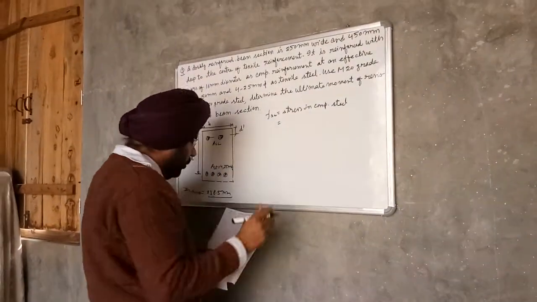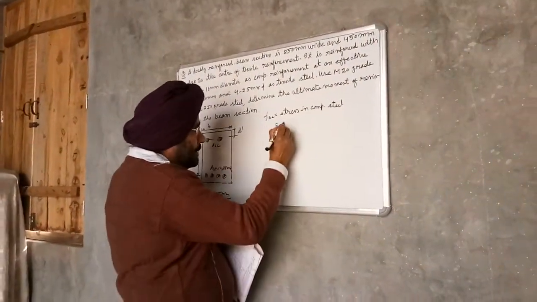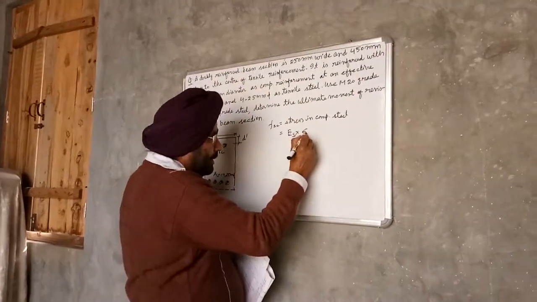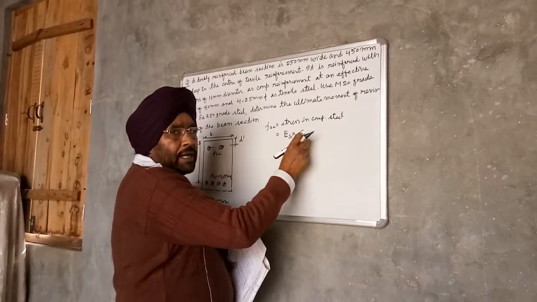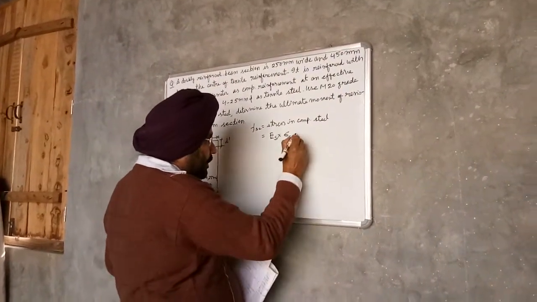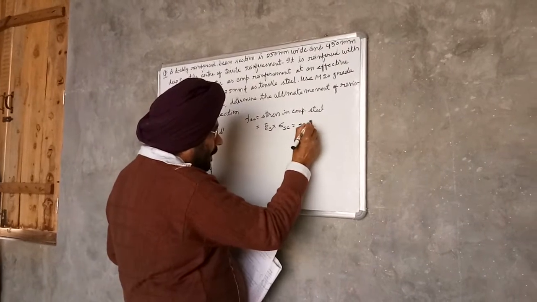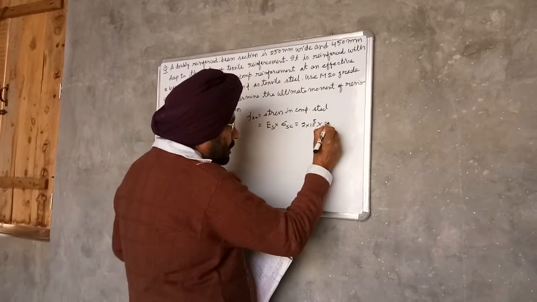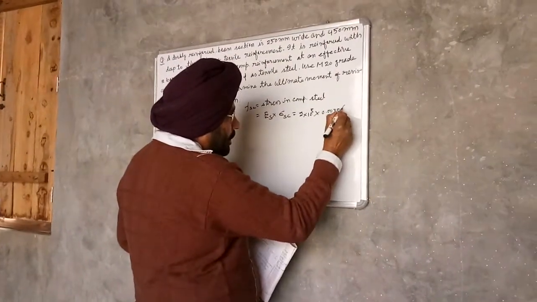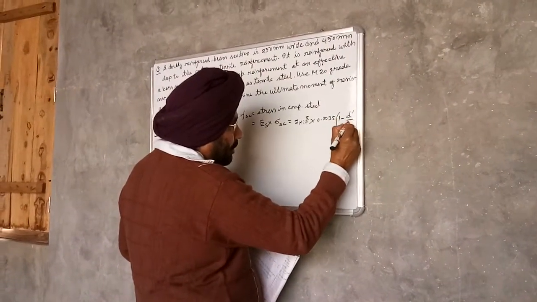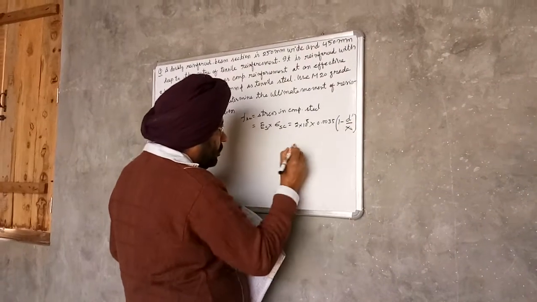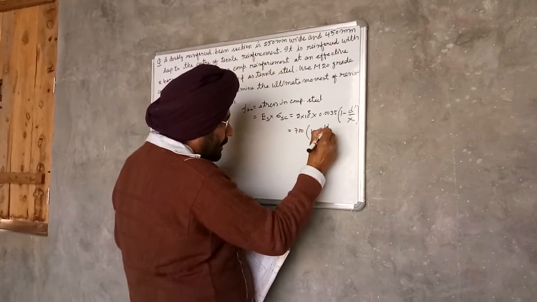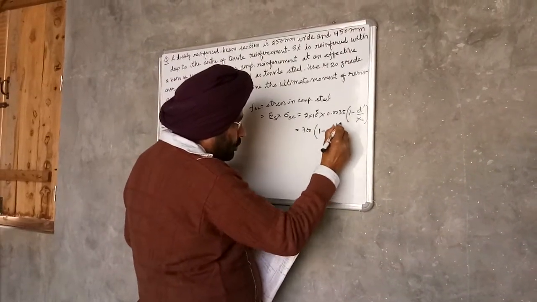So this is equal to Es, modulus of elasticity of steel, into epsilon sc, strain in compression steel. So modulus of elasticity of steel is 2 into 10 raised to the power 5, and strain in compression steel is 0.0035 into 1 minus d dash upon xu. So this is 700 into 1 minus d dash upon xu.